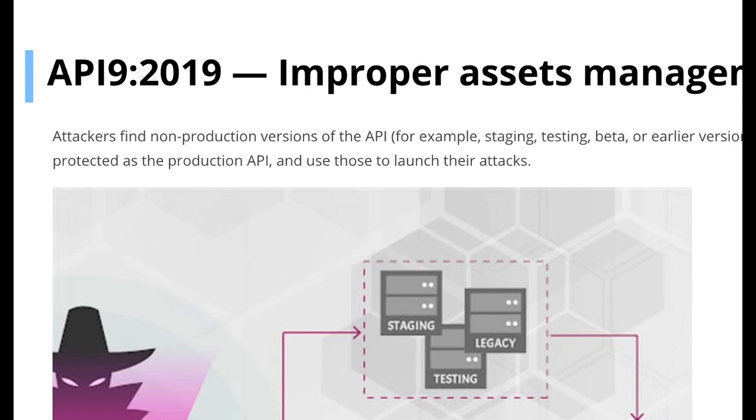And they will use test APIs and production or staging APIs to get passwords that may be used in production, or tokens that may be being used in production, or any kind of backdoor or entry point that they can use to get into production or to the production database.